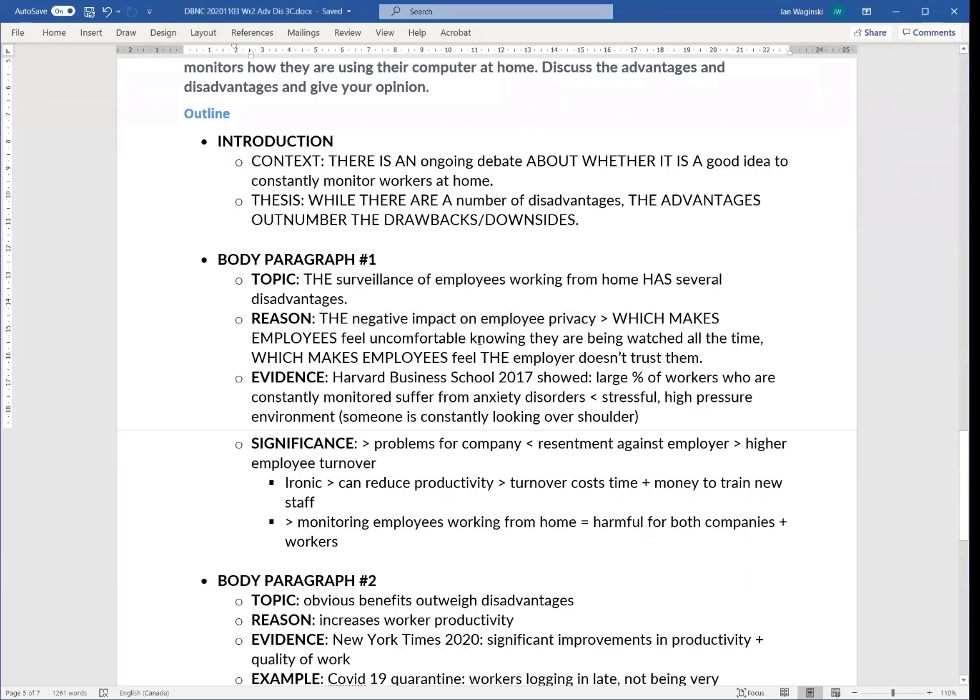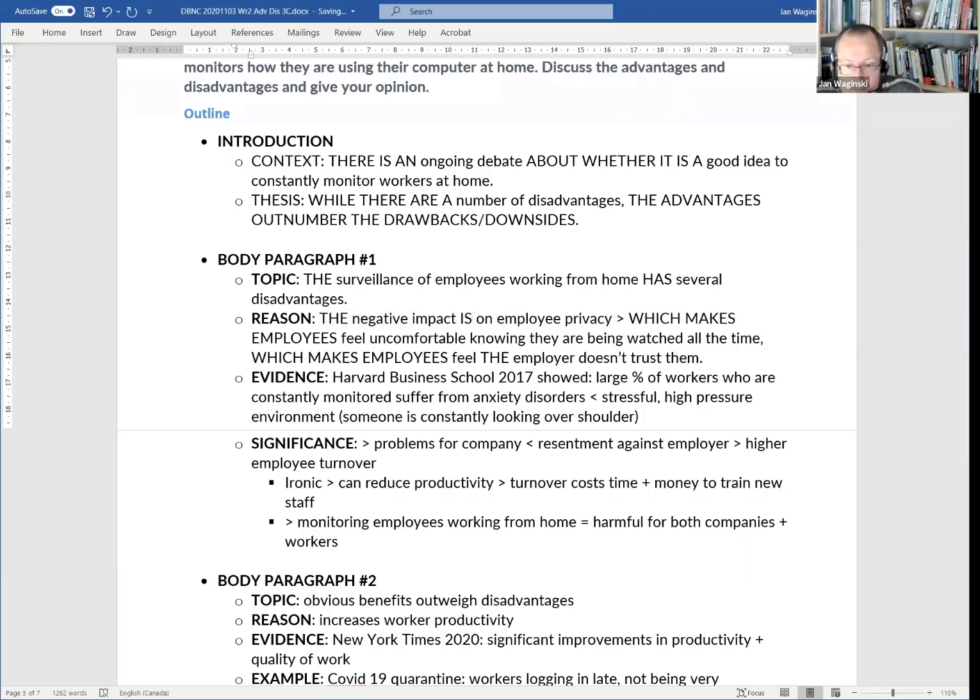Is. The negative impact is on employees' privacy. There you go. Easy fix. Or, the negative impact on employees is breaching their privacy.